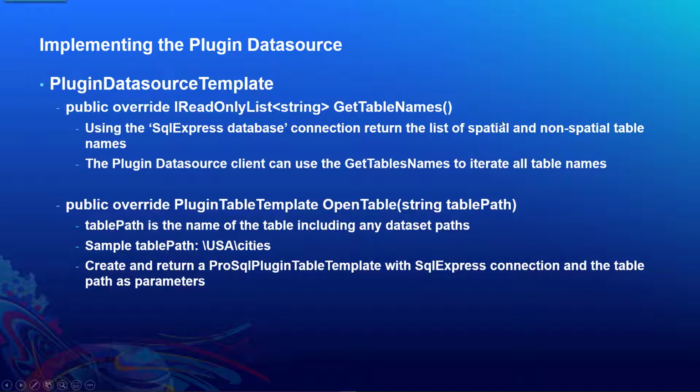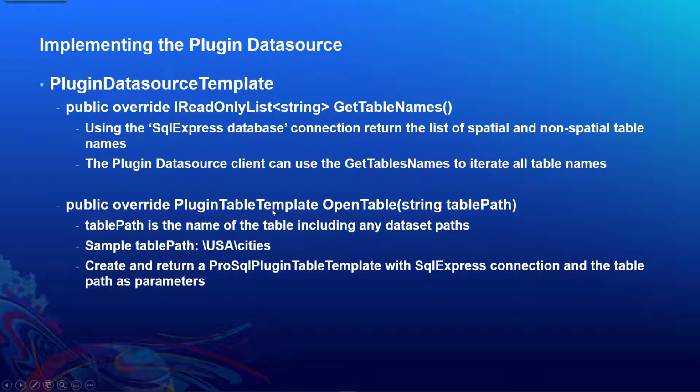Now, in my case, the SQL Express data has the metadata stored that I can query and find out everything that's a feature class or a table name and return it. The plugin data source client can also use the GetTableNames method to iterate through all the table names, so it can get a list of all the tables in my custom data source.